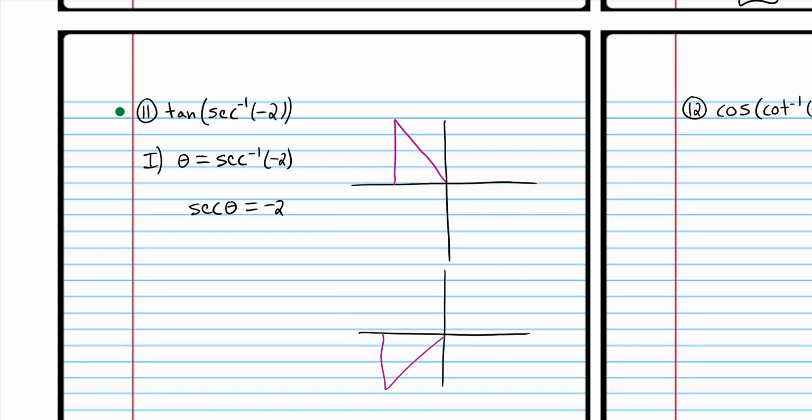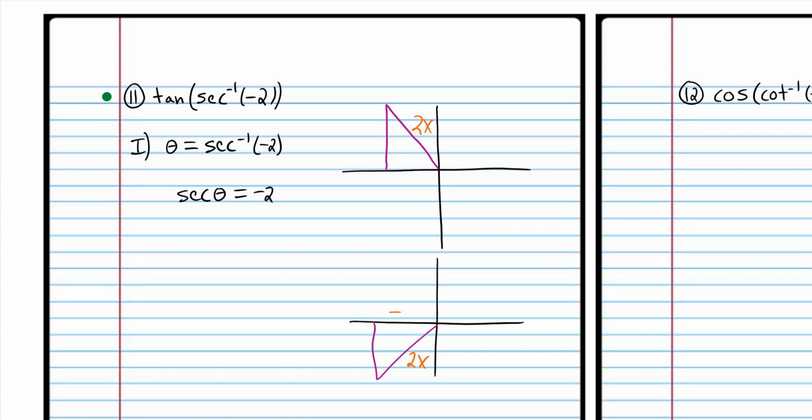And so these are the two triangles we're dealing with. And you may recognize 2 over 1 as a special ratio. And the adjacent side is 1, because this is 2 over 1. And of course, we're dealing with a 30, 60, 90 degree triangle.